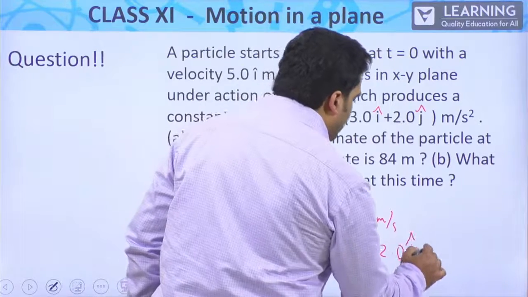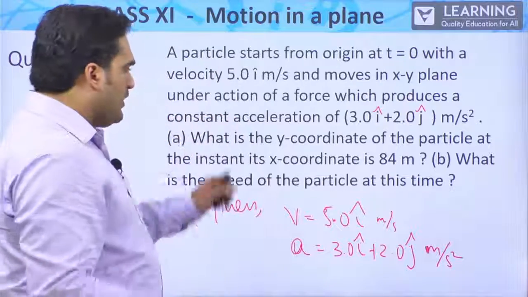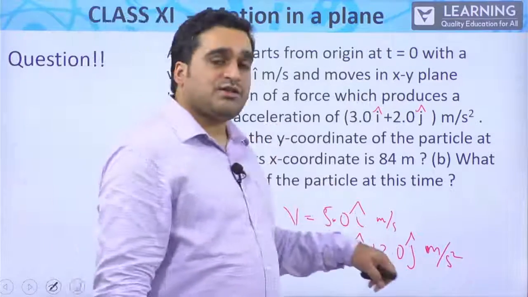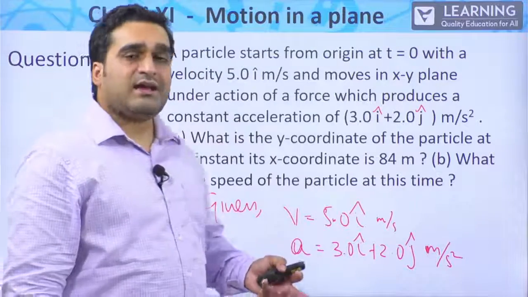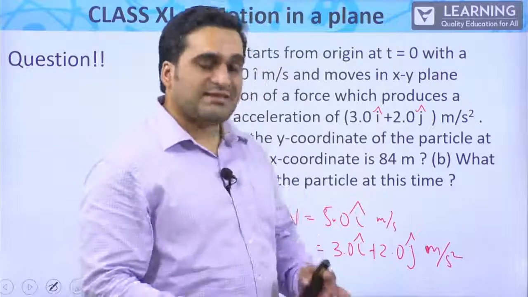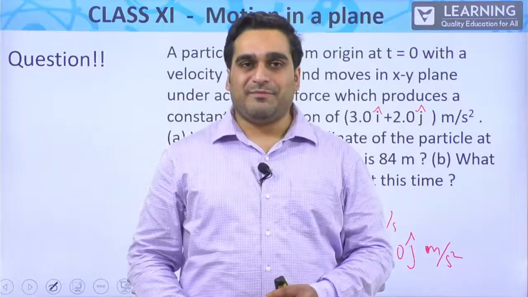Now some of you might be wondering why it should be a constant acceleration. Why cannot it be a variable acceleration? If it's a constant acceleration, it is easy to analyze the problem.